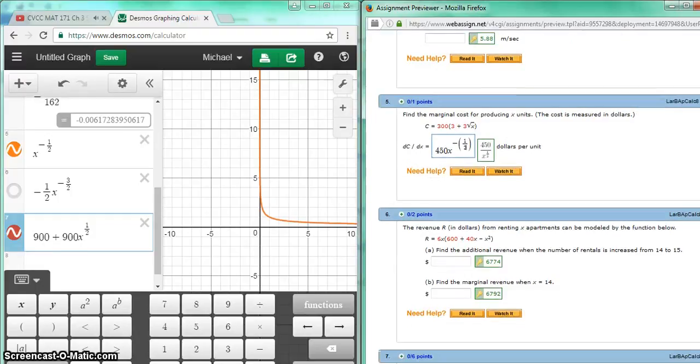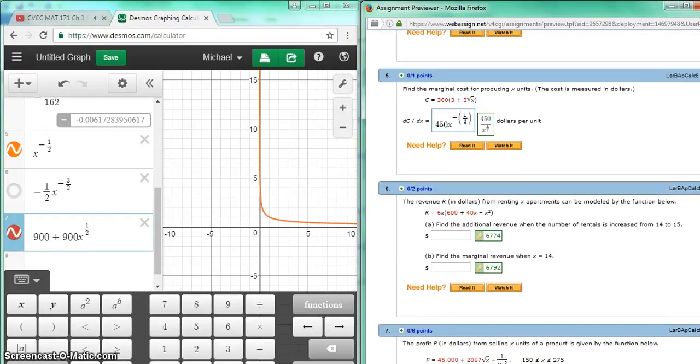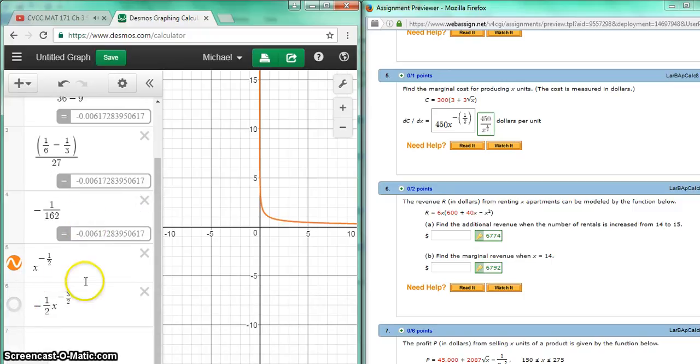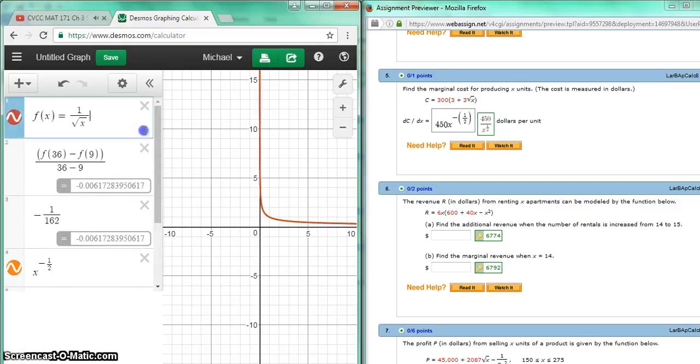And then lastly, looking at number 6, so find the additional revenue when the number of rentals is increased from 14 to 15. So if this is a revenue equation, I would plug in 14. So let's actually do that. Let's get rid of all this.